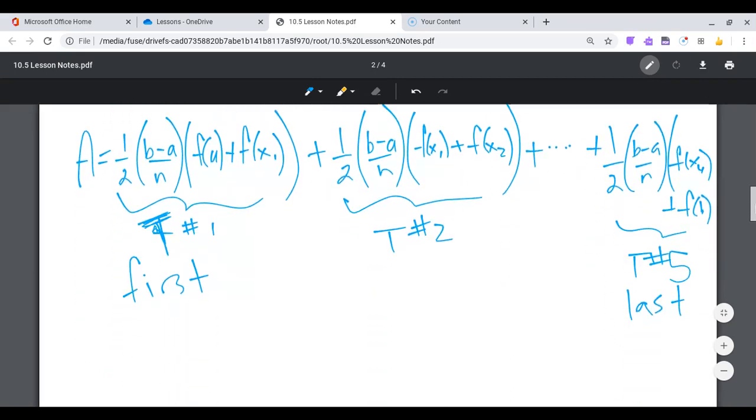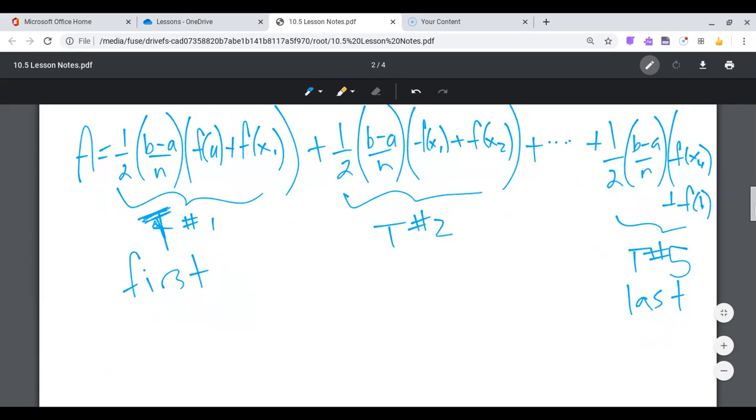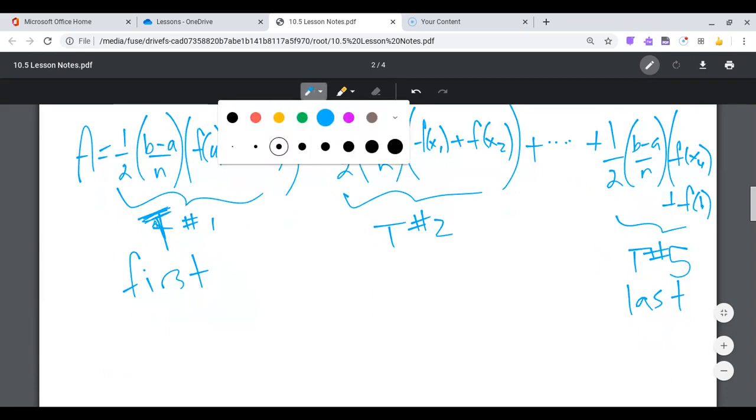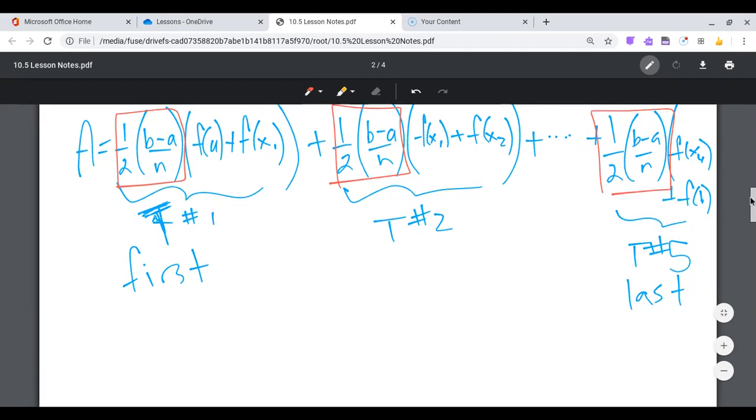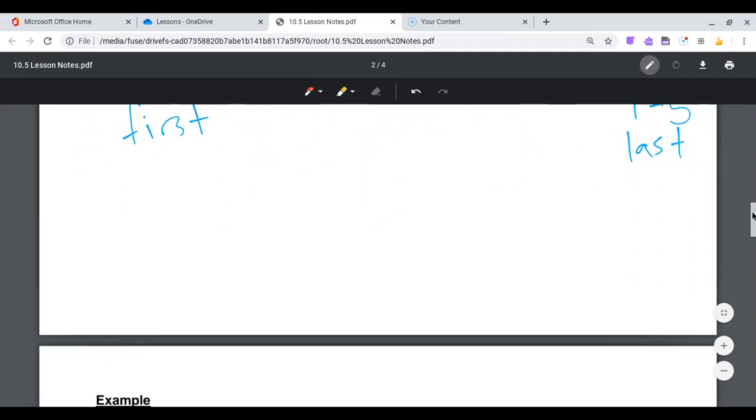So how does this relate back to our formula? If I look in every single trapezoid, every trapezoid has 1/2 times the width. So that can actually be factored out. Okay?